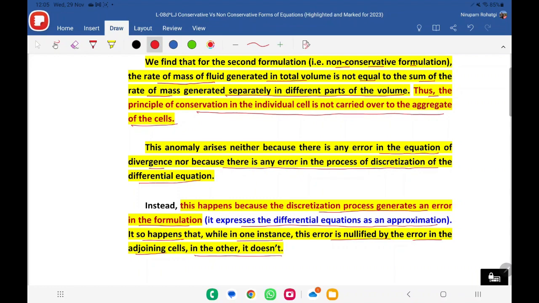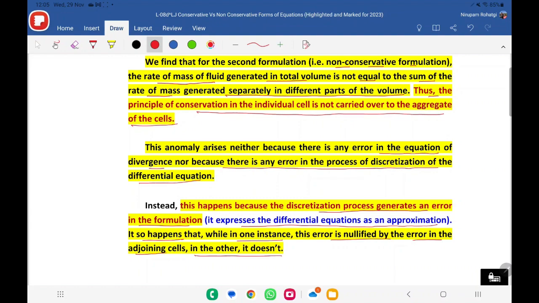So what is happening? Your truncation error makes these two cases different. Now it so happens that the truncation error in one case cancels out completely. So the conservation is maintained, whether you take a single cell or a group of cells.